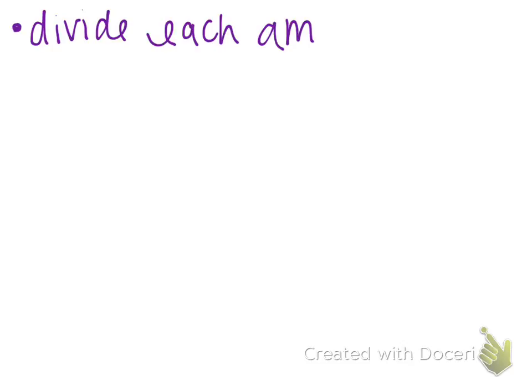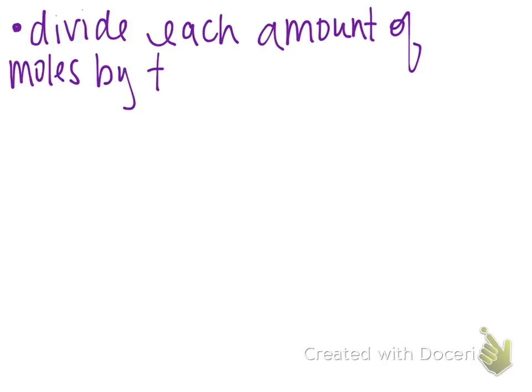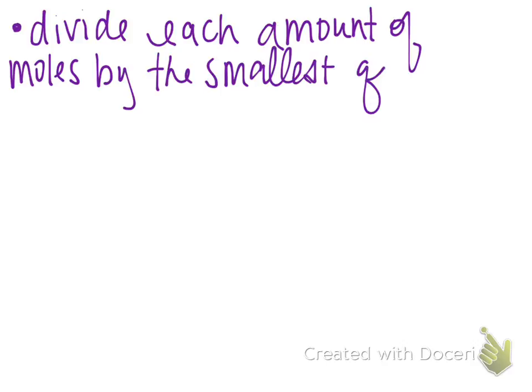Next step is going to be divide each amount of moles by the smallest quantity. What this step does is it gives us the ratios.